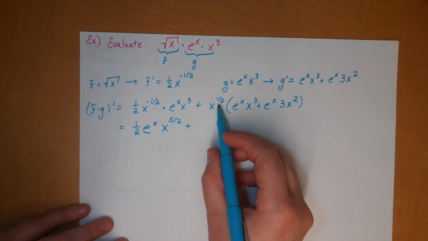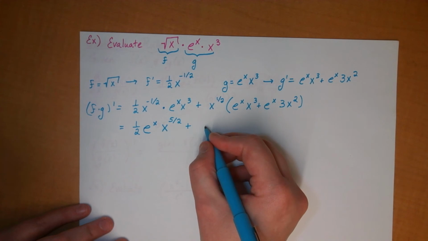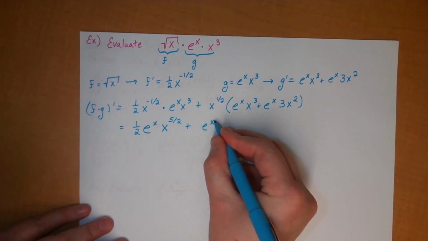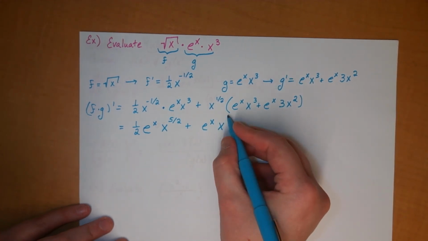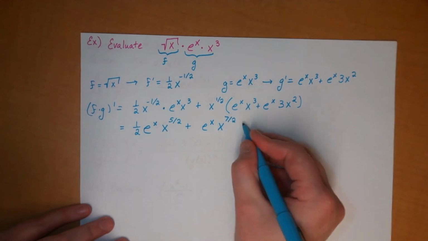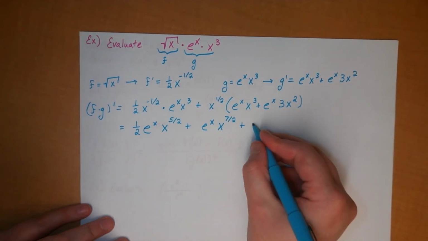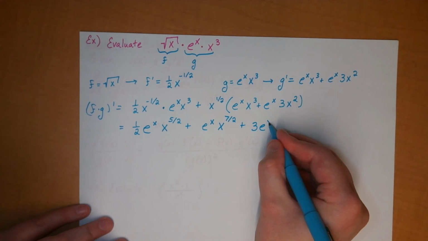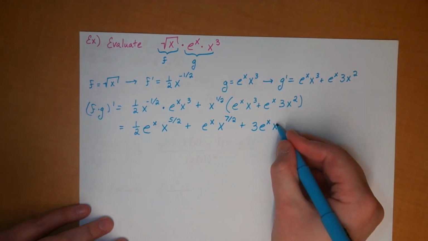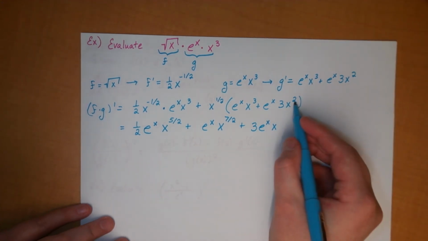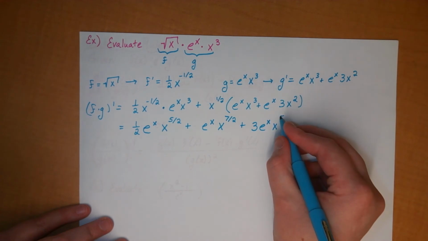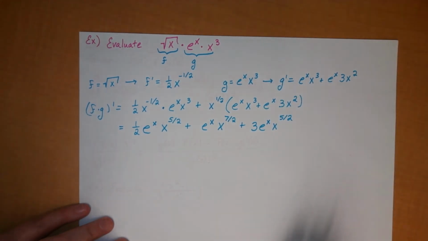Plus, if I take this x to the 1/2 and multiply it through, I'm going to get e to the x times x to the 7/2, plus 3 e to the x, x to the 5/2.